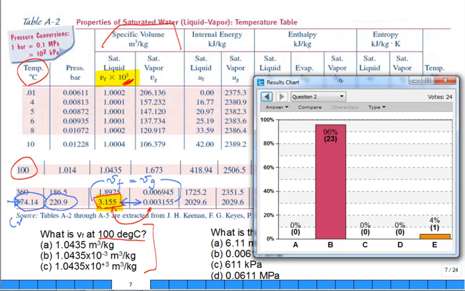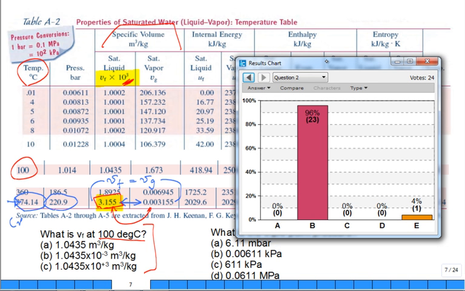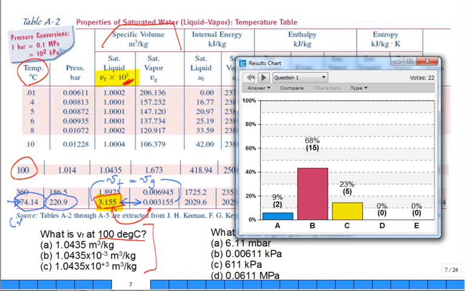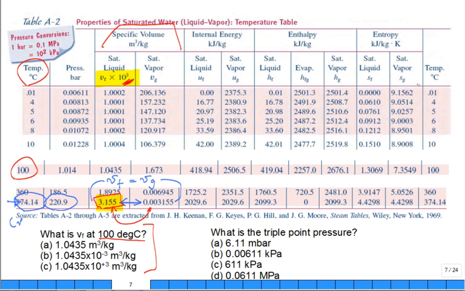Oh, well, what happened to E? Yep, somebody selected E. Well, they didn't want to allow me to have 100% correct. All right, so I don't know what happened to E. But there you go. Now let's go back to the first question and look at that. We are improving. Right? We moved from 68% correct to almost 100%. All right? So there you go.